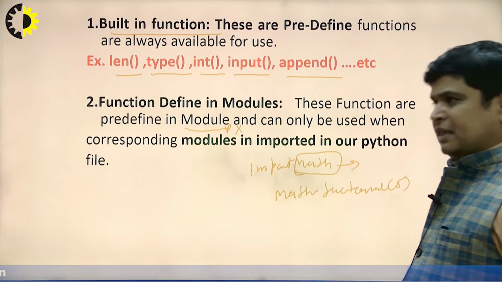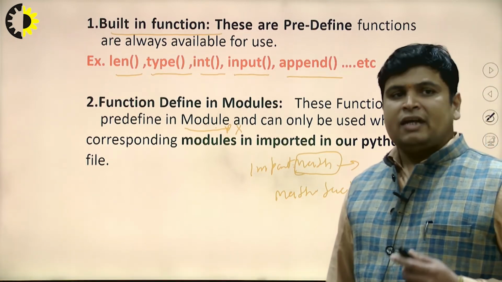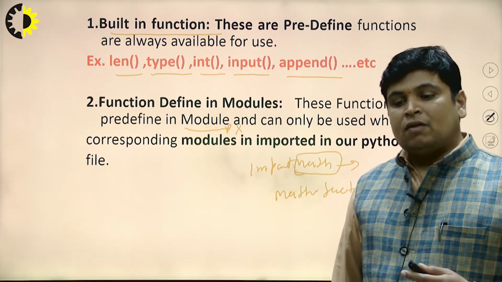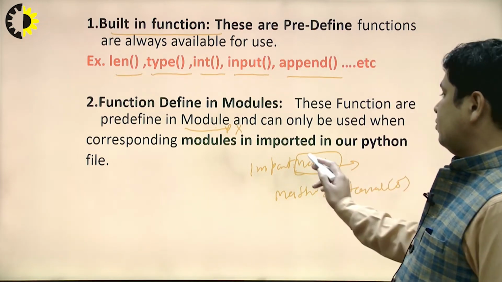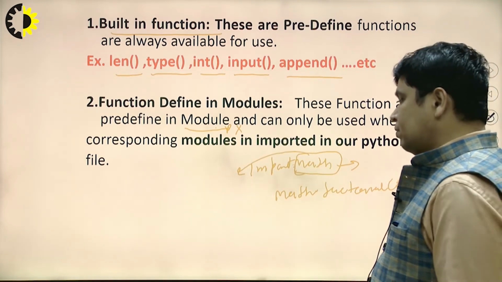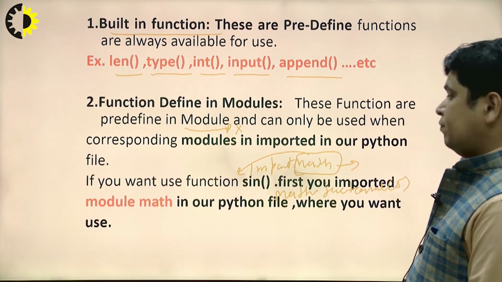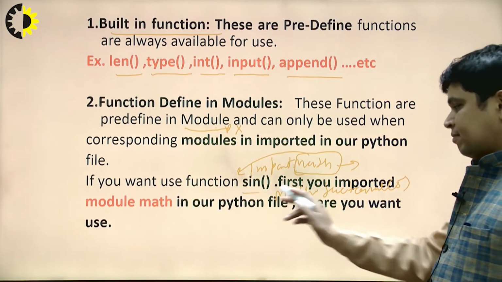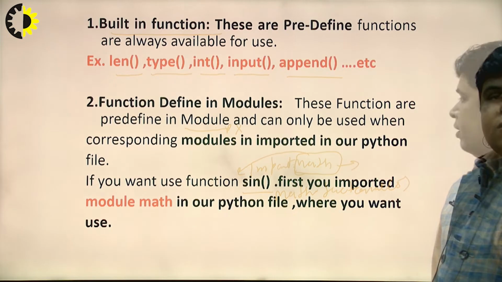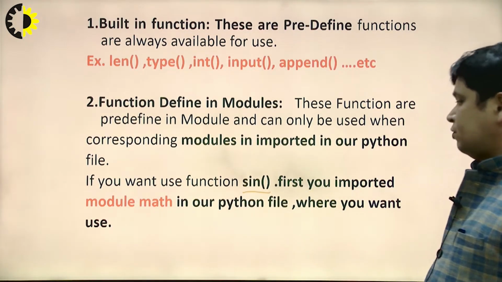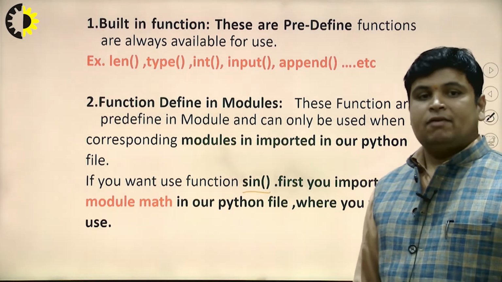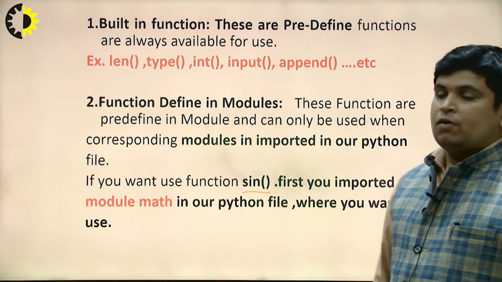So for a specific purpose a lot of modules are available, and to use their functions we first have to import that particular module. If you want to use the function sin, first you import module math in the Python file where you want to use it.